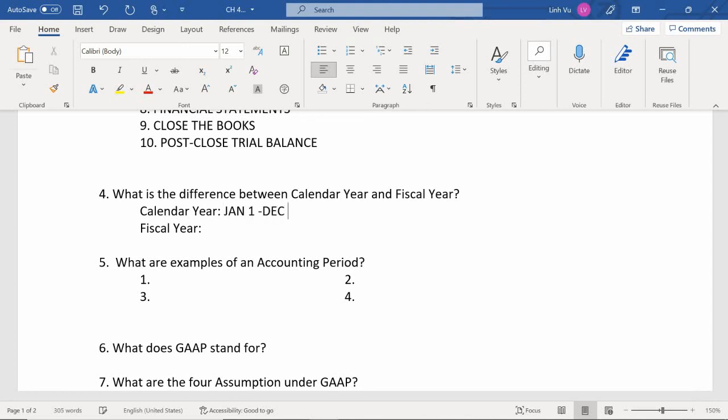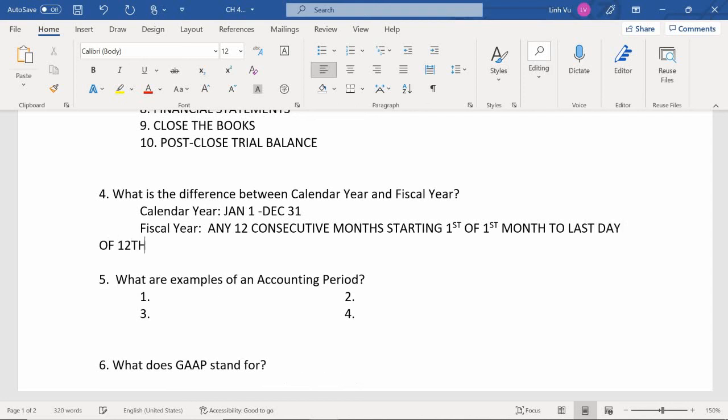Or a fiscal year is any 12 consecutive months, starting the first of the first month to the last day of the 12th month. Okay, good.